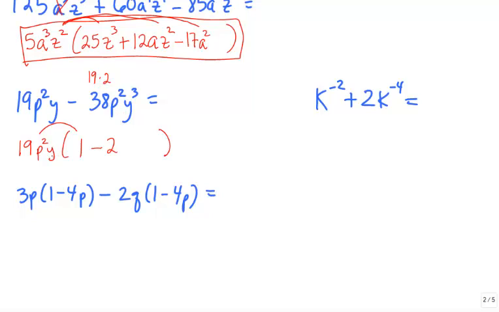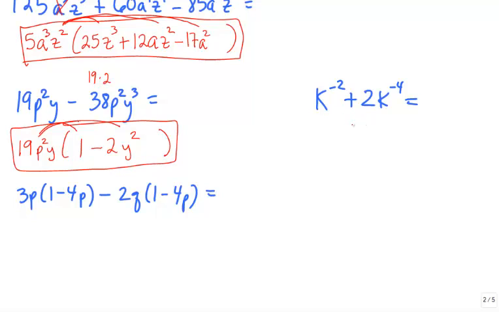But if I pull out only one y and I had 3 y's to start, then that means I'm going to have 2 y's left, or a y squared. So if I double check here, 19p squared y times a negative 2y squared does give me back negative 38p squared y cubed. So this is my final answer.